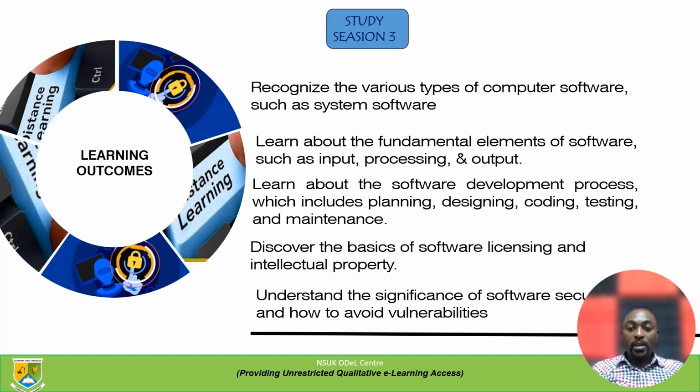Learn about the software development process, which includes planning, designing, coding, testing, and its maintenance. Discover the basics of software licensing and what is referred to as intellectual property. Understand also the significance of software security and how to avoid being vulnerable while using software.